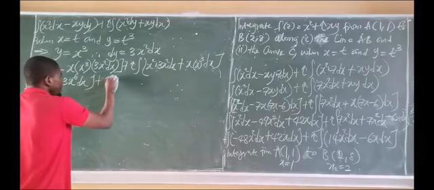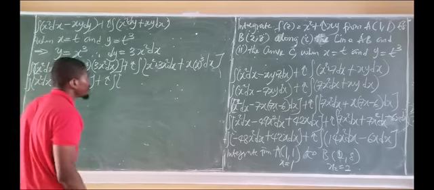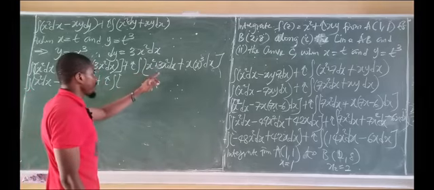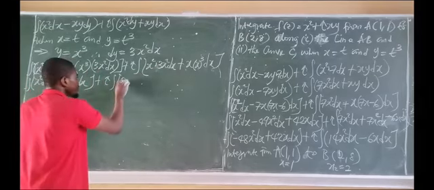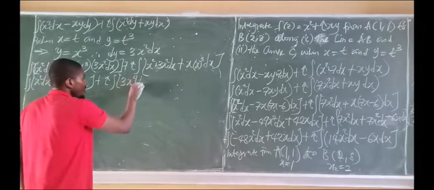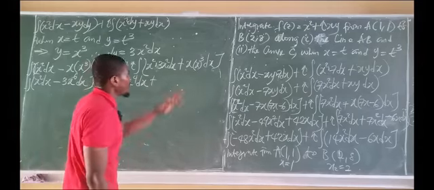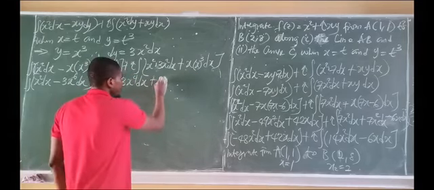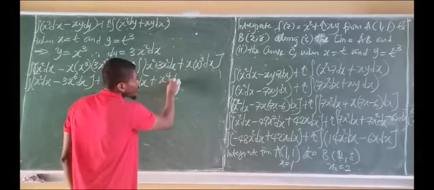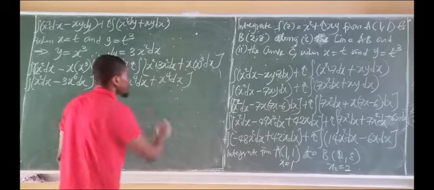Plus i integral, the same thing here. x squared times 3x squared gives us 3x^4 dx, plus x times x cubed gives us x^4 dx. You have this.